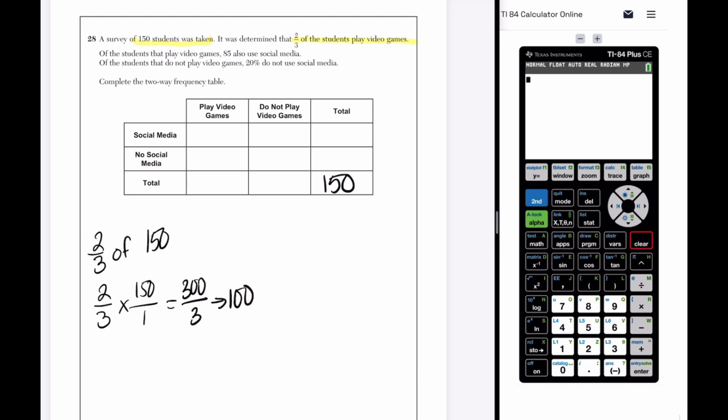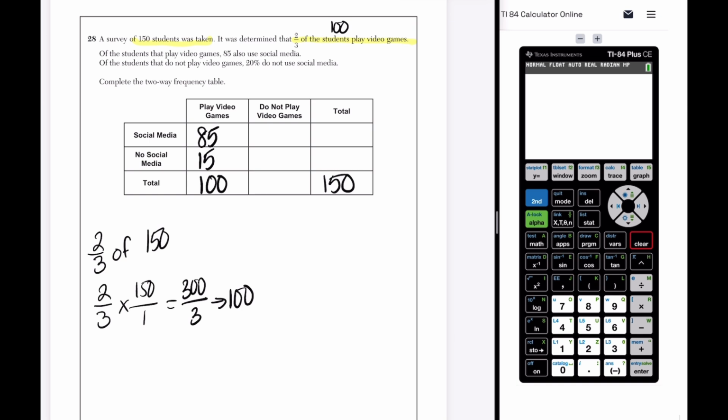So that's going to be important to note. So 100 kids play video games. Of the students who play video games, 85 of them also use social media. So, okay, 100 kids play video games, 85 use social media. So knowing this, 85 plus what gives us 115.